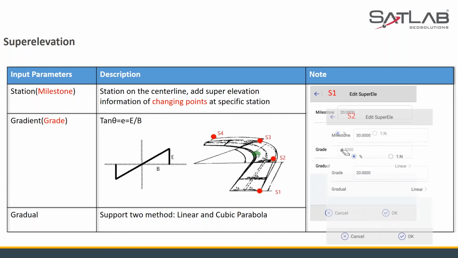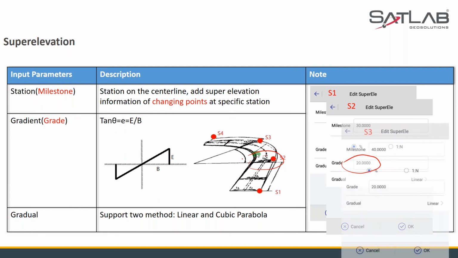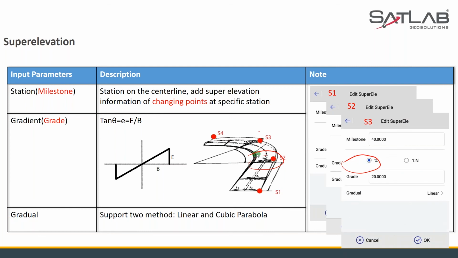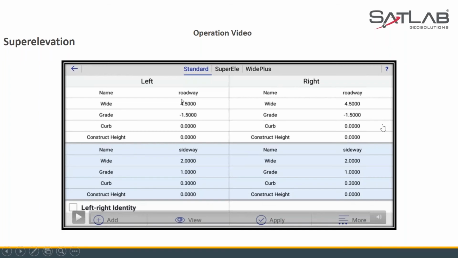First we have to give the milestone. Milestone is very important. Say for example, at milestone S1, the normal cross section is 1.5. This is my normal gradient. And then in S2, my gradient will go up. That's 20 over here. Simple, nice, and easy. And then it will be the same in S3. That is, my gradient will be 20, and in S4, it will be back to normal.